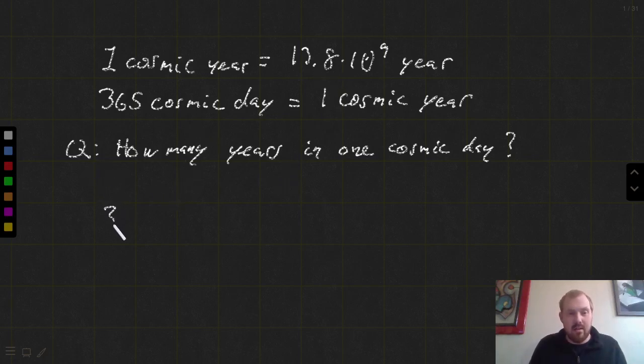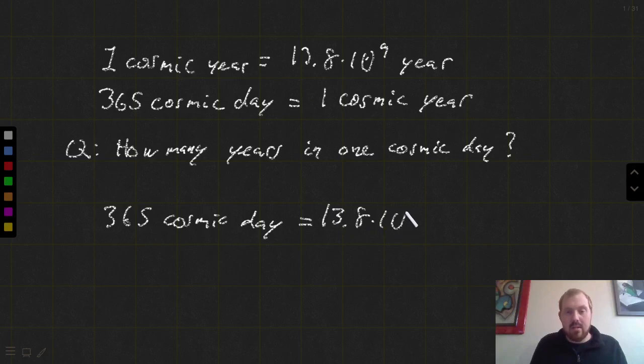So we can say 365 cosmic days equals 13.8 billion years. Well, then divide out the 365.